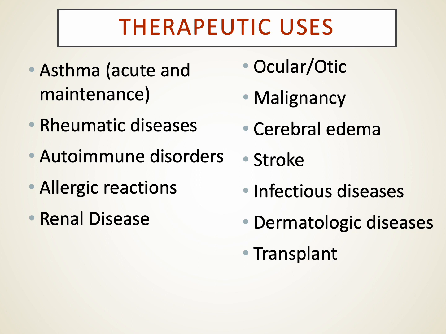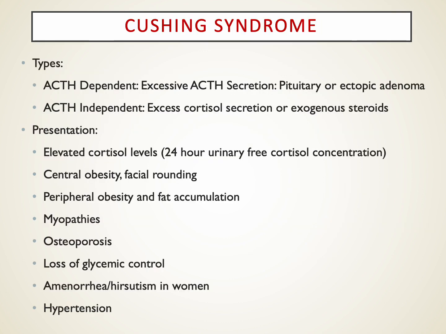Therapeutically, as we allude to throughout the curriculum, we use corticosteroids a lot, most often in pulmonary conditions and topically in derm, but a lot of other conditions you'll see them used as well. So too much corticosteroid, we worry about Cushing's syndrome, and this could be either related to adrenocorticotropic hormone, or it could be because we've given a patient too much prednisone.